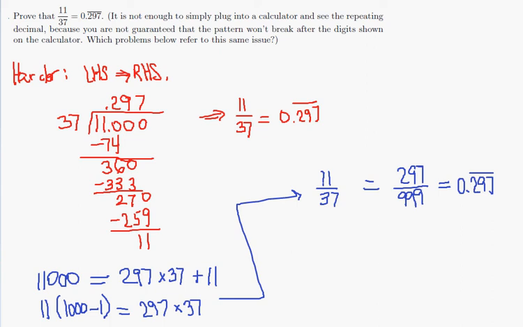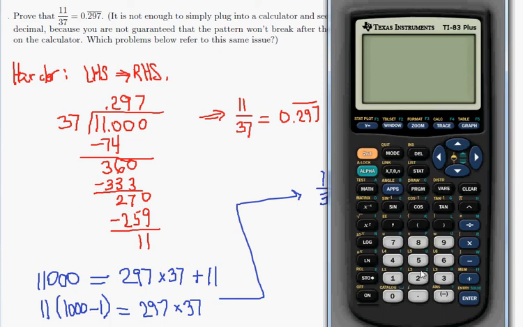A third way of doing it, which is slightly less elegant but certainly is logically correct, is as follows. Well, 37, let's just start experimenting. 99 divided by 37 doesn't work. 999 divided by 37 does work, 27.